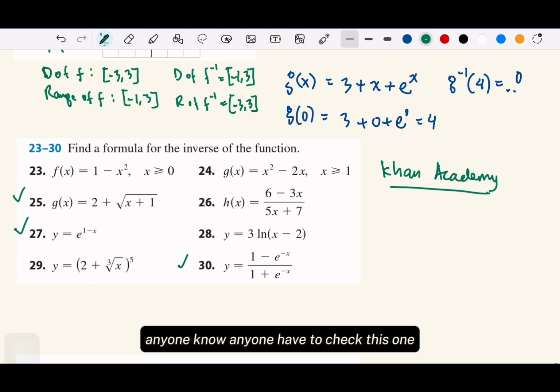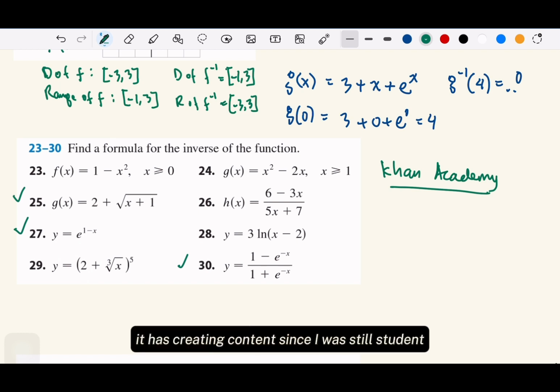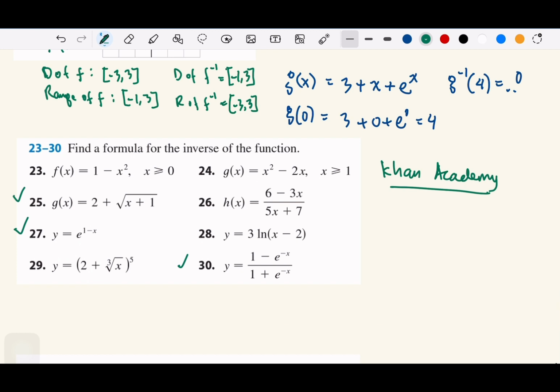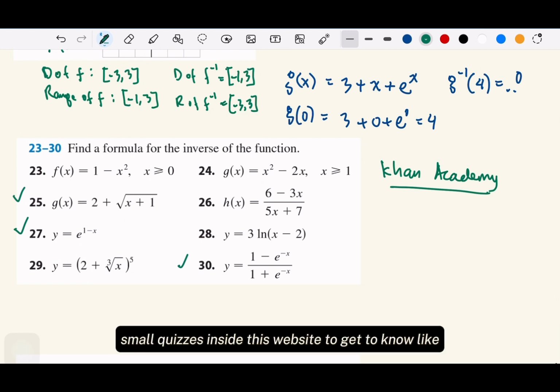Okay, has anyone checked this one? It has been creating content since I was still a student, so I also watched this content when I was young. But at that time it was still not a really good UI platform. But now I think it's already okay. You can have small pre-tests or small quizzes inside this website to get to know whether you understand the concept or not.